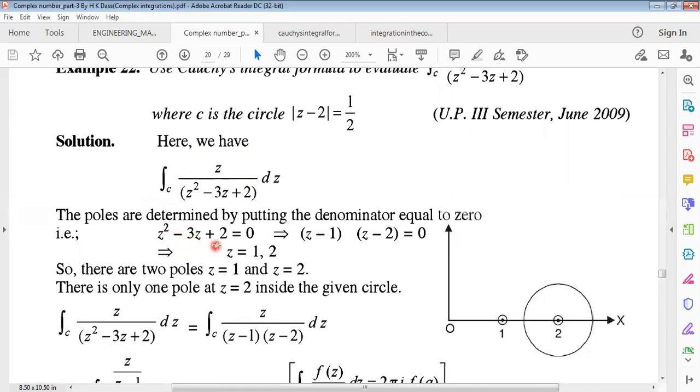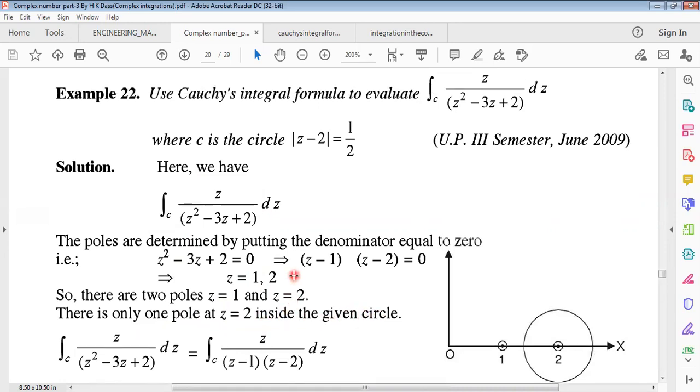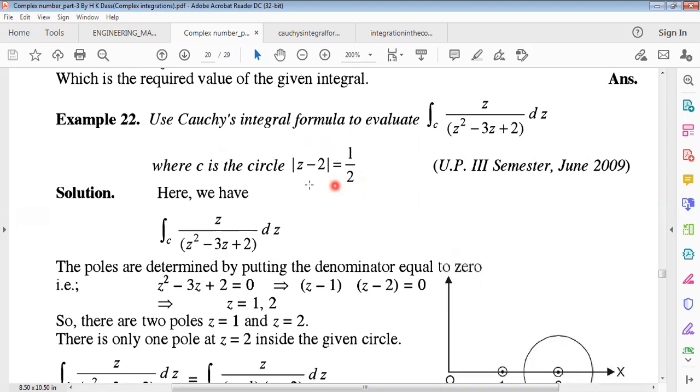That means z square minus 3z plus 2 equals 0. After solving this, we get two values: z equals 1 and z equals 2. So there are two poles, but only one pole at z equals 2 lies inside the given circle. Now, if we draw the circle, |z minus 2| equals half.